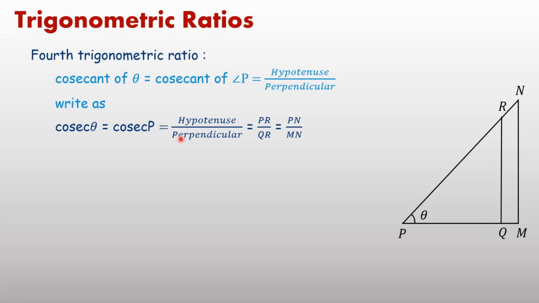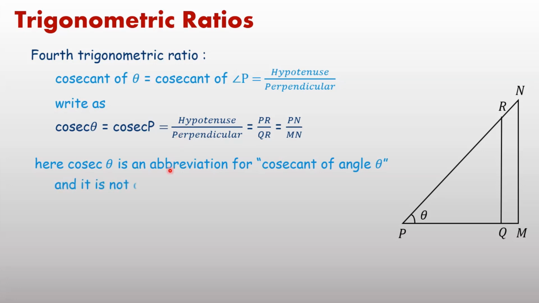Now also, first we have covered the ratio of perpendicular and hypotenuse. If perpendicular upon hypotenuse we are writing, then which is equal to sin theta. So sin represents ratio of perpendicular upon hypotenuse, and cosec represents ratio of hypotenuse and perpendicular.